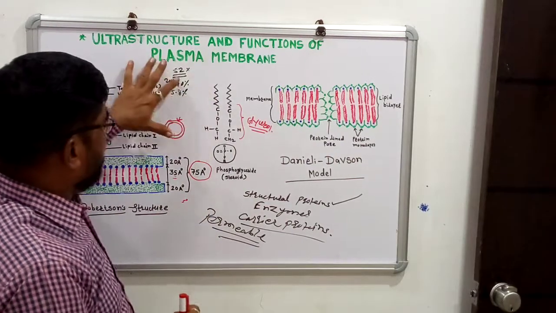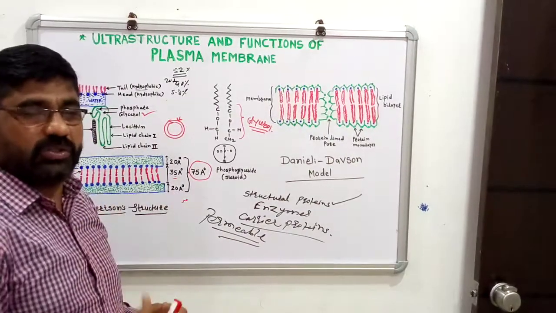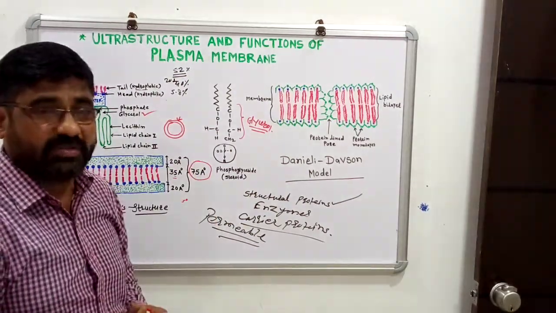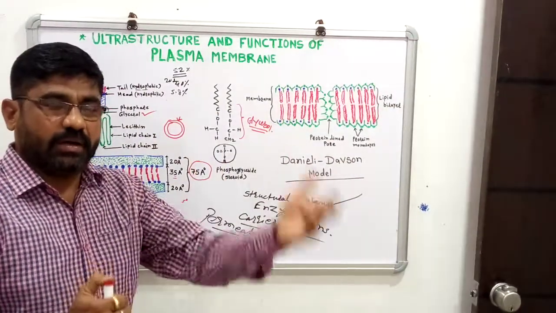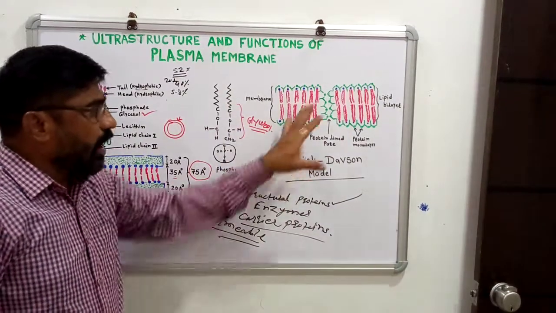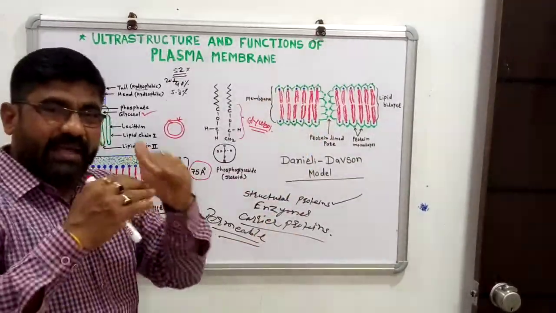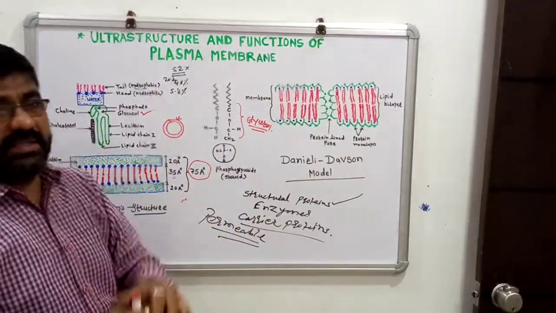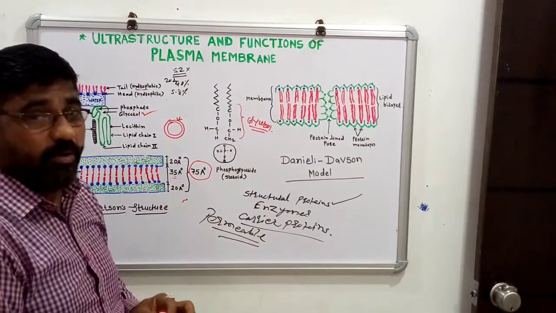And like this, first of all, various scientists proposed the structure of the plasma membrane, how the plasma membrane is formed in cells, and that has been proposed in various theories or models. In the next lecture we will discuss how Danielli and Davson, in 1935, observed the bilayer structure of the plasma membrane, but there was no right evidence; he proposed the outline of the plasma membrane structure, that is how the plasma membrane is formed.